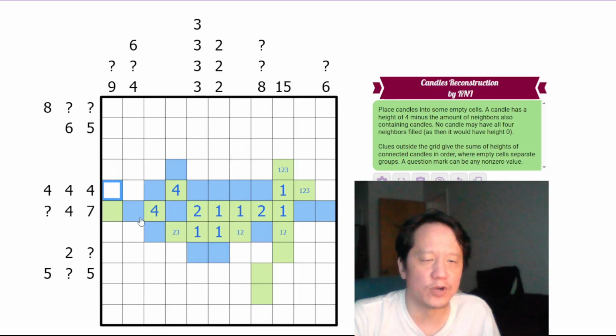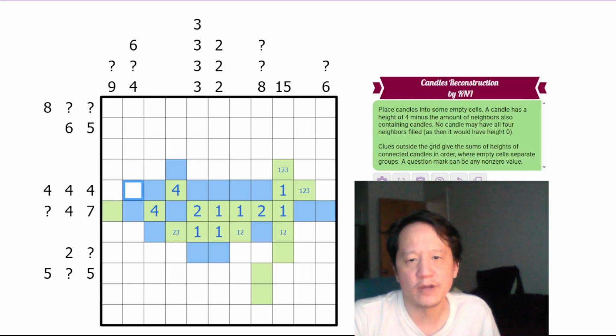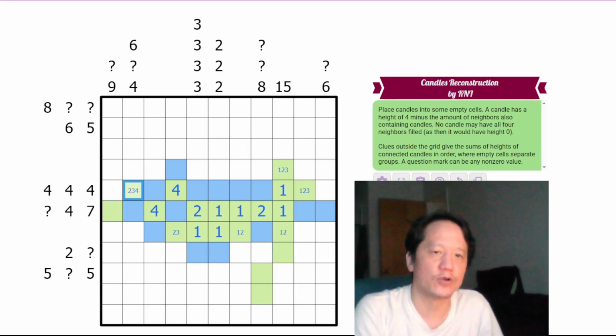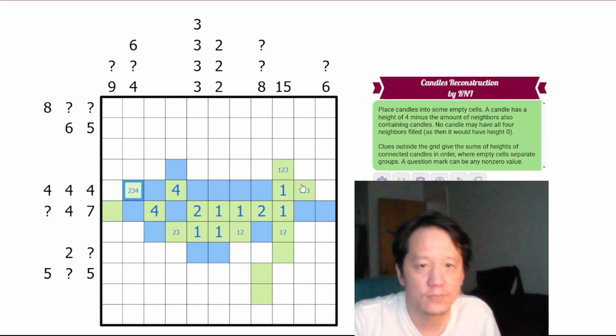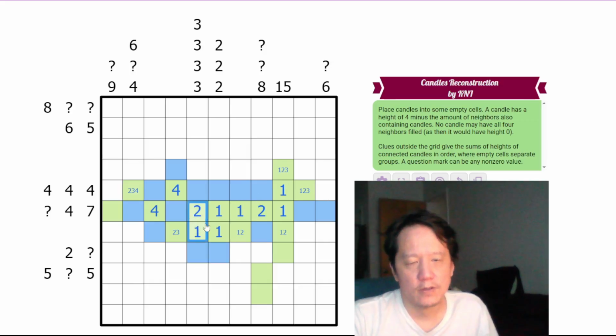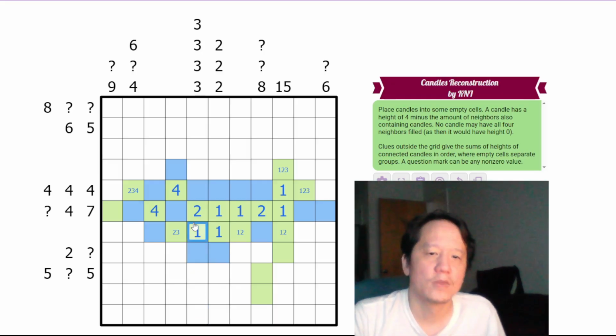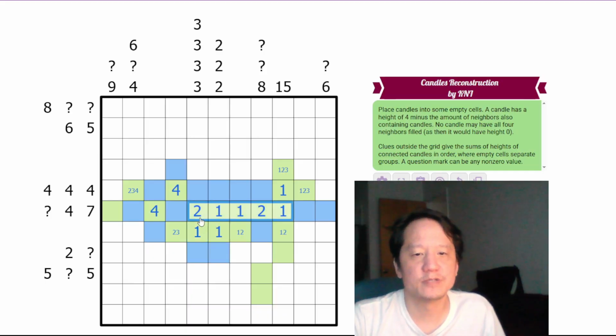If there's a 4, it cannot be here. It would have to be here. If it's not 4, obviously it's both of these. So this is green either way. So this is 2, 3, or 4 here. This is 3. So that adds up to 7 now.